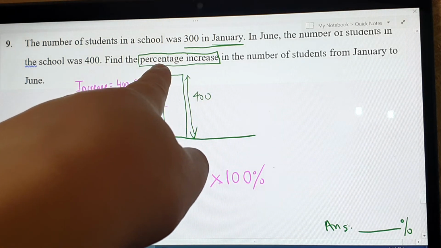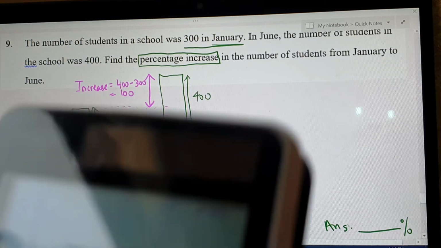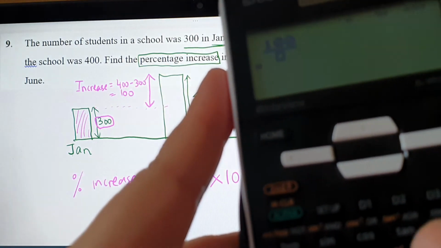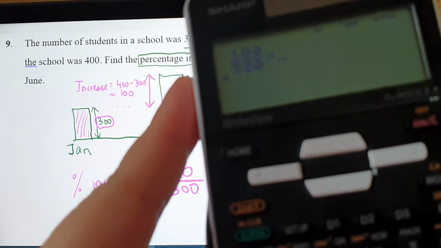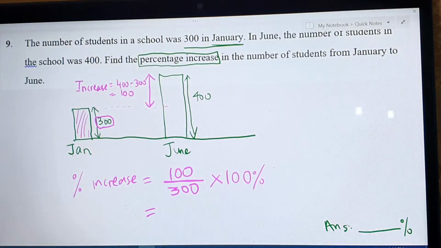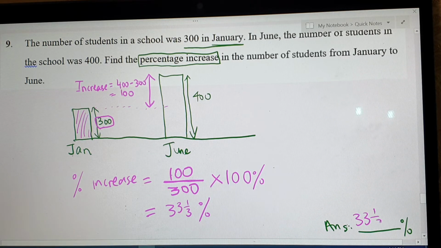Why? Because they want the answer in terms of percentage. So I press my calculator, the A over B, 100 over 300, then I times 100%. So that will give me 33 1/3. So that is the answer.